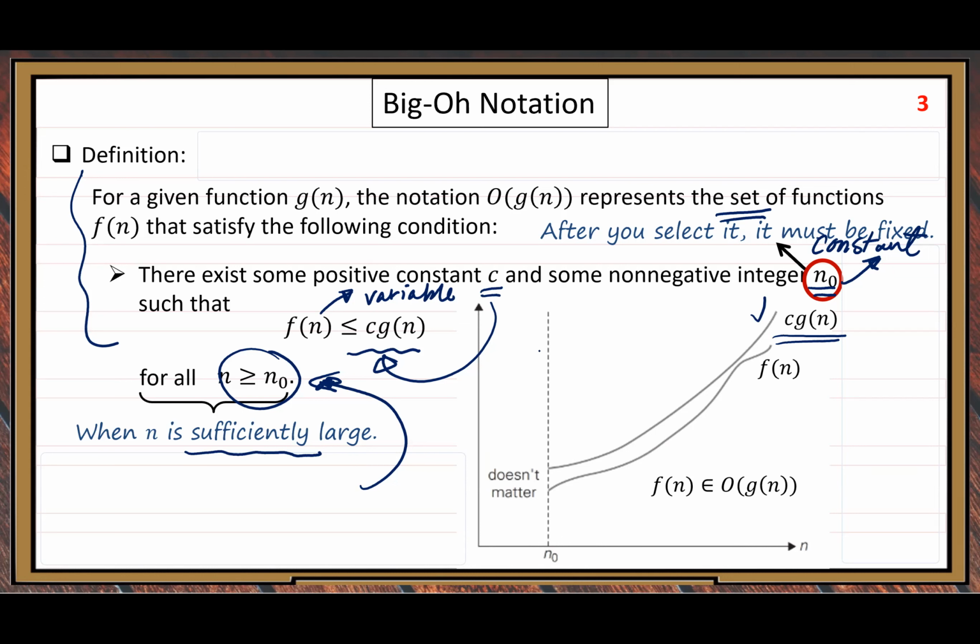N0, this vertical line, N0 line, it's important. The upper bound condition is only true after the n value passes this vertical line. Before this vertical line, it may not be true. So you can imagine, before this vertical line, the graph could be like that, all right? No upper bound anymore, before this vertical line, okay?